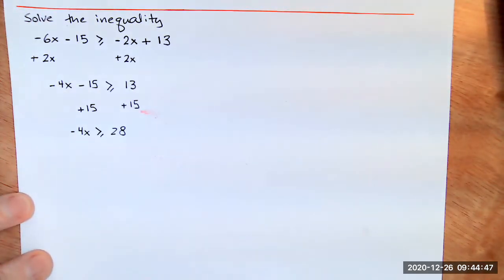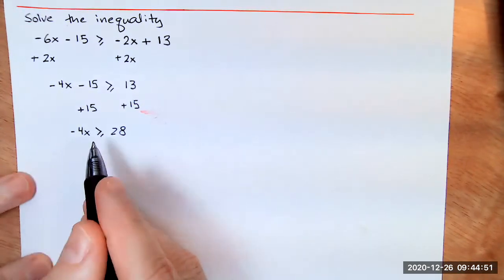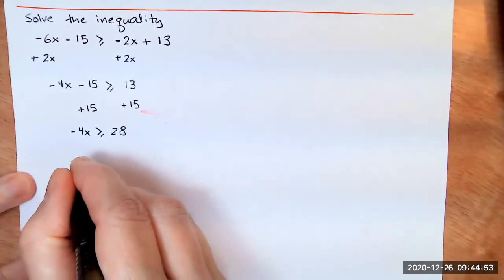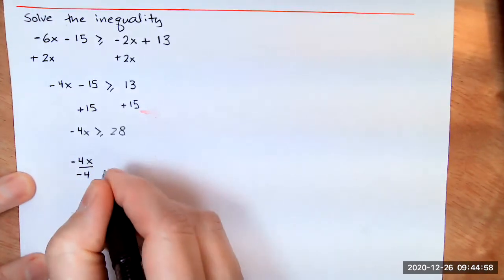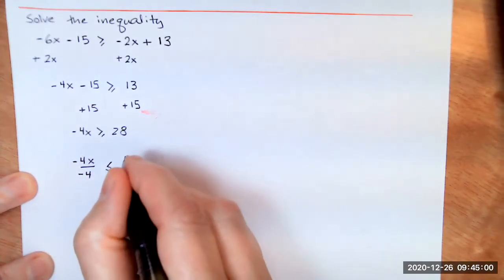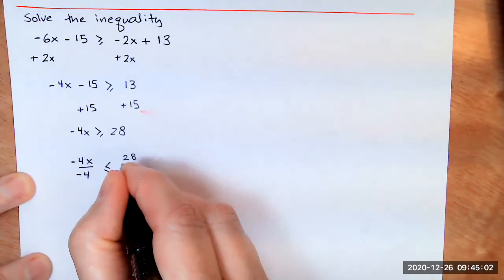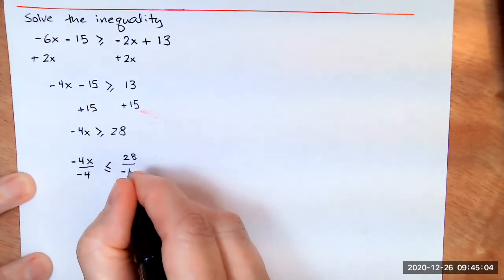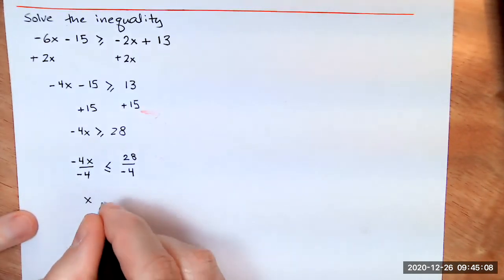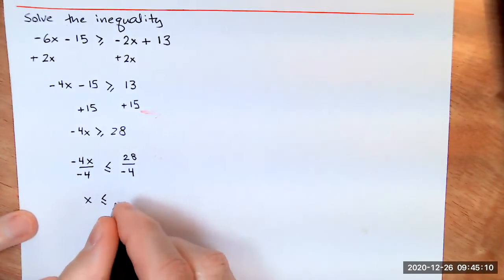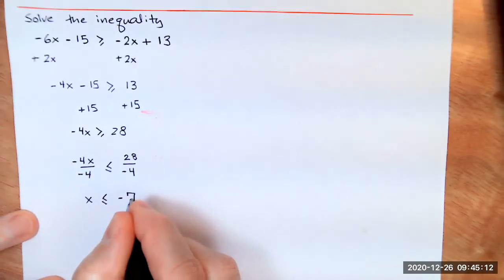And then divide both sides by negative 4. And since 4 is negative, that will change the sign of the inequality. So I like to be careful here and rewrite that step. So we have x is less than or equal to negative 7.